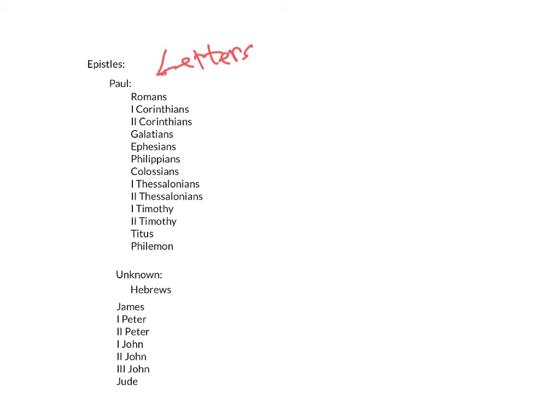We have Paul's letter to the Ephesians, to the Philippians, to the Colossians. We have 2 letters he wrote to the believers in Thessalonica, again, a city in Greece. And then we have 2 letters he wrote to his co-worker, Timothy. Timothy was a young man. He was kind of Paul's intern, I guess you might say. He was his helper, his traveling companion.